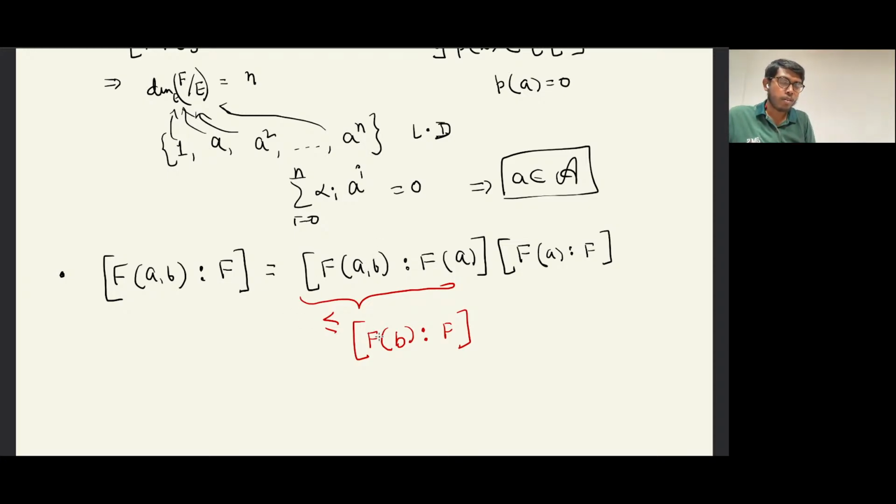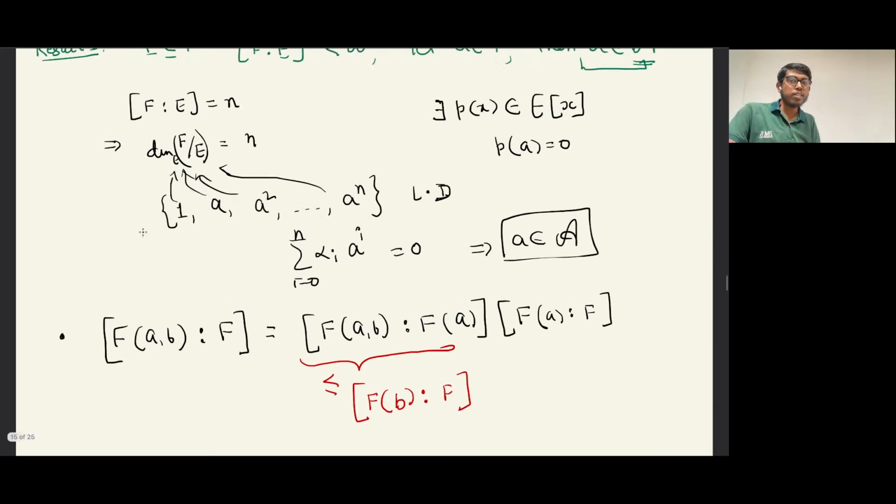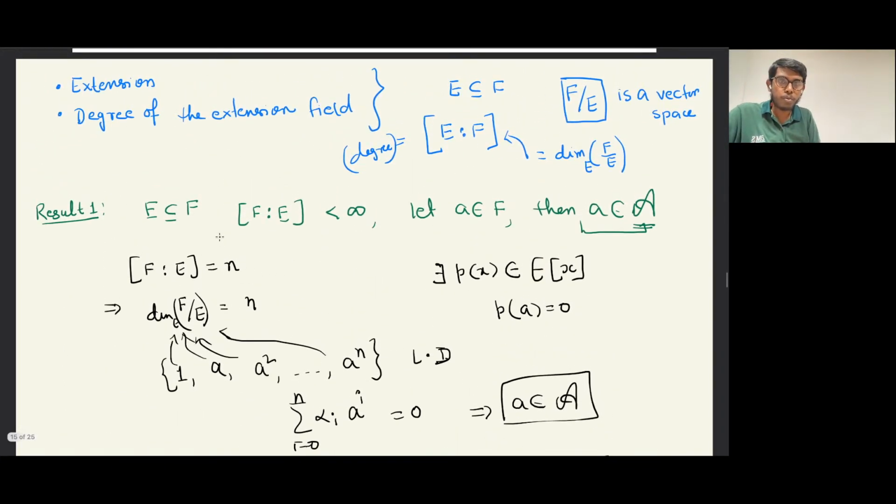And this is easy because there is a characterization of the degree also. So I should write here that when I am saying F(a) over F is equal to n, it means that there exists a minimal polynomial.